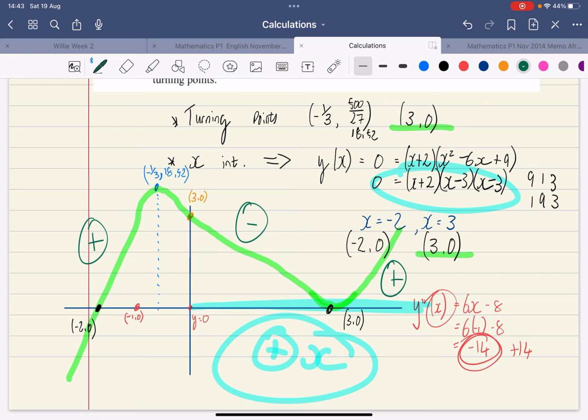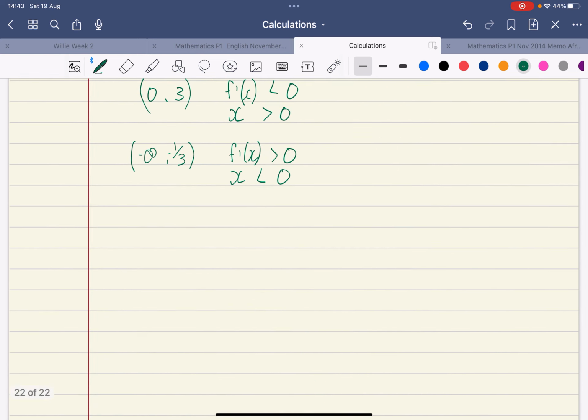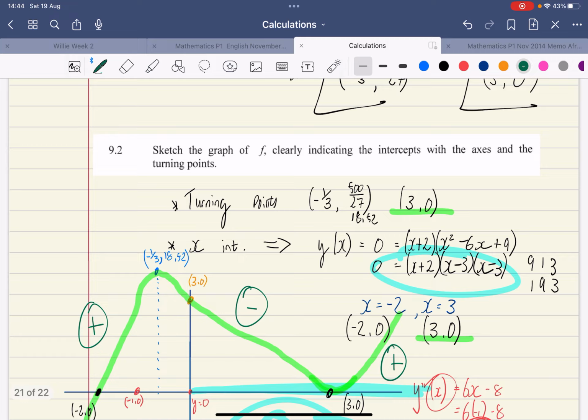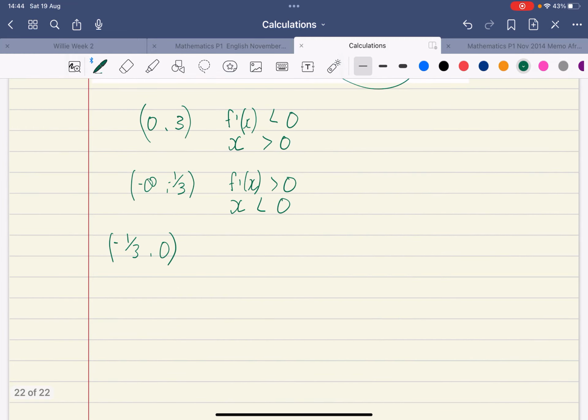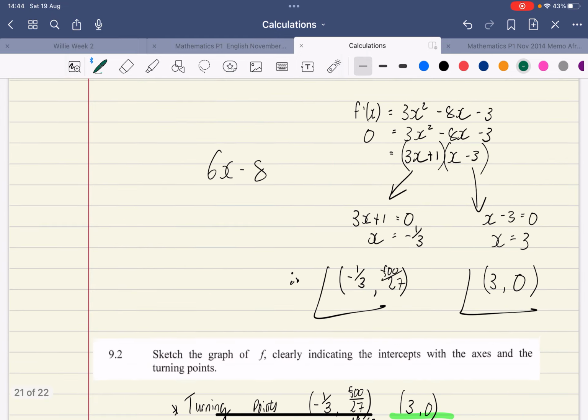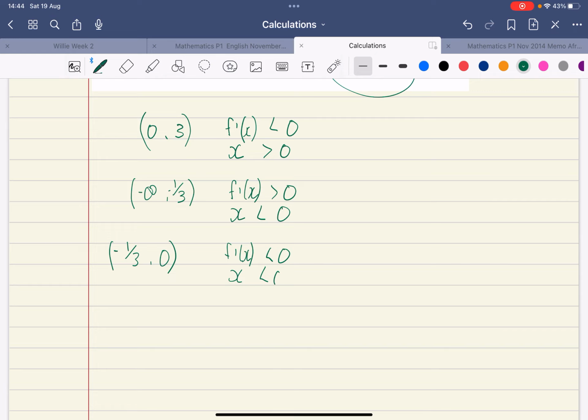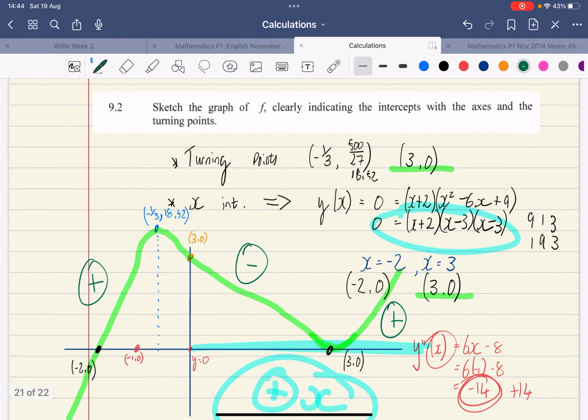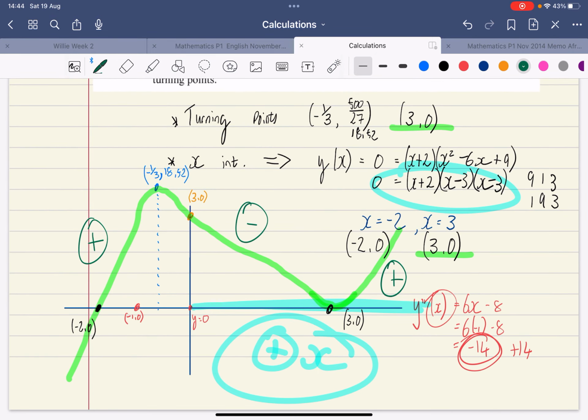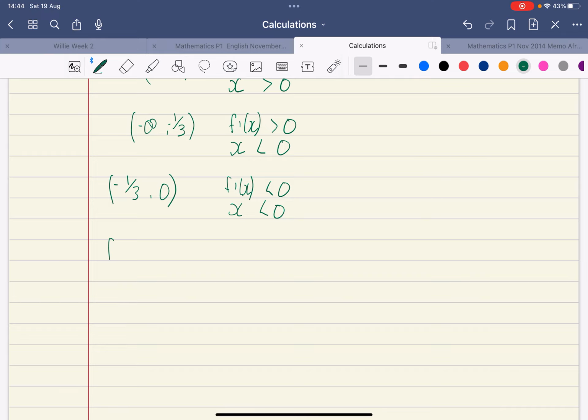And in our region negative a third to 0, our derivative is negative, and our x values are negative. And finally, in our region 3 to infinity, now you don't have to write all of this down.